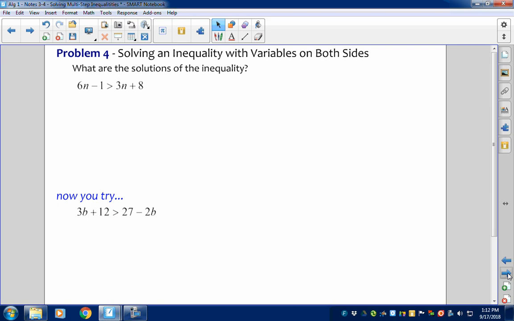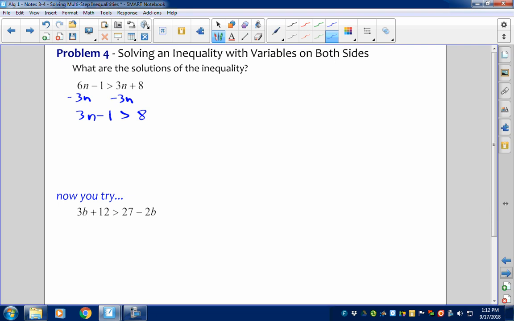Variables on both sides. You have different options here. What I've recommended, and it really pays off when you're doing inequalities, is if you can keep a positive number in front of the variable, you don't have to worry about flipping the inequality in the end. So I would subtract 3n from each side. Could you add 1 first?